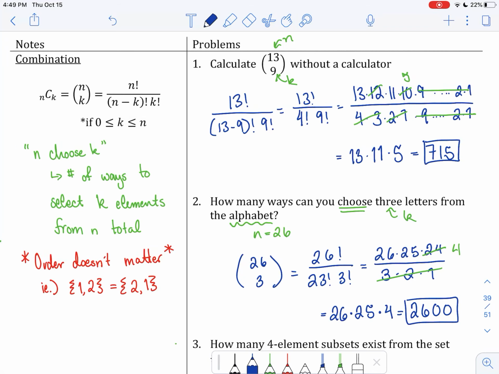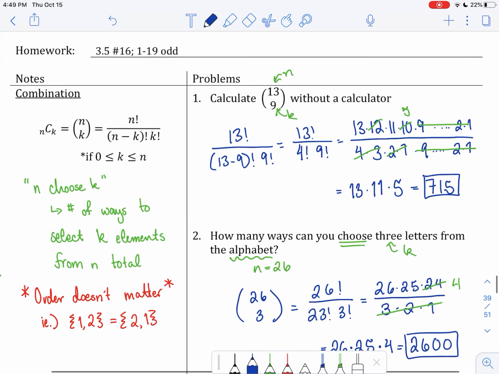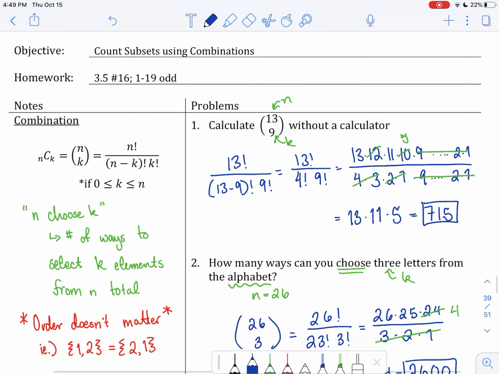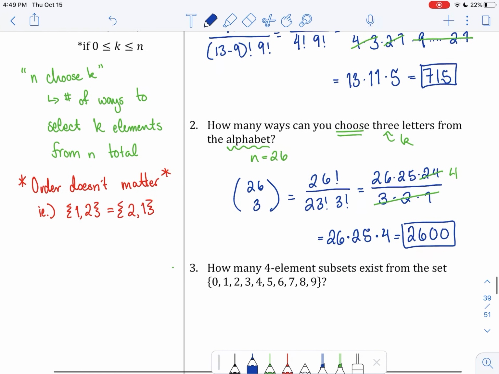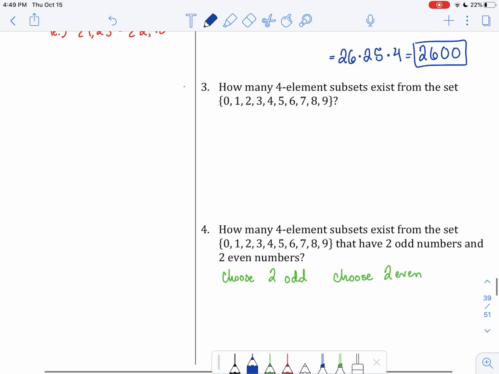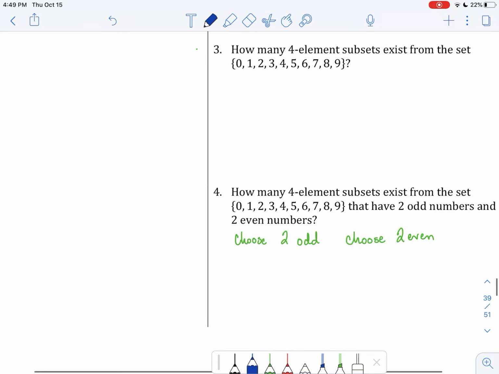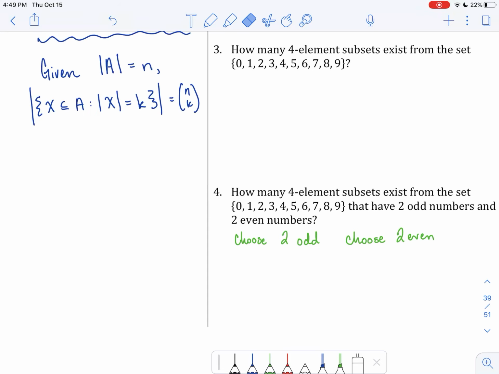You'll notice the title in both the objective here, counting subsets, and in your textbook reader is going to have to do with subsets. So in this case, we have a good fact about combinations. We have a question: how many 4-element subsets exist from the set of the digits?